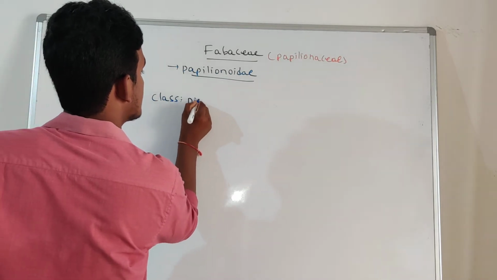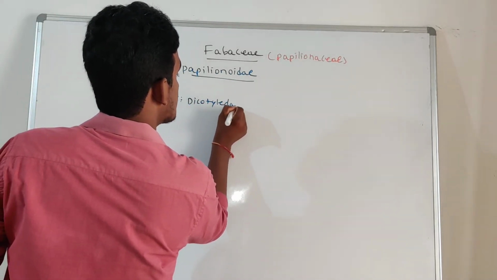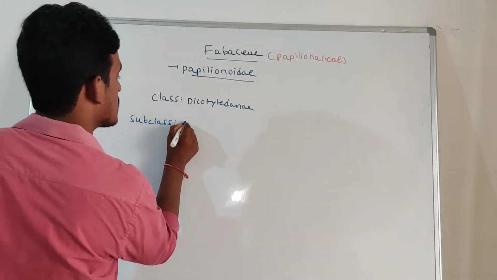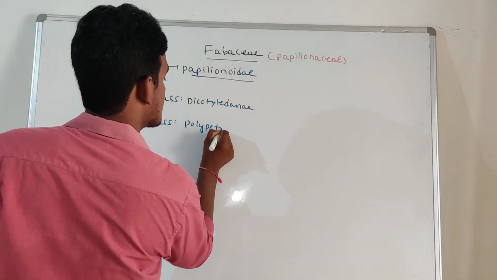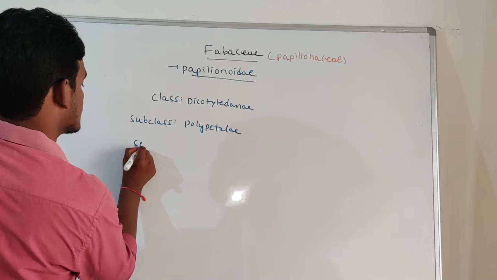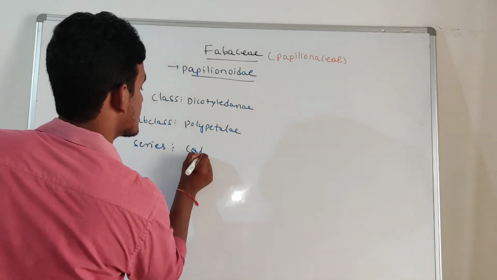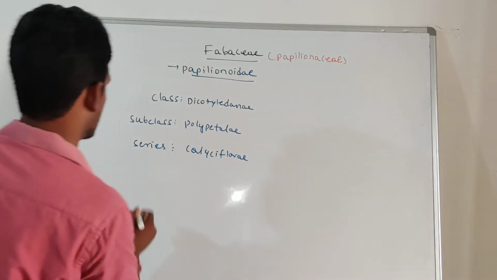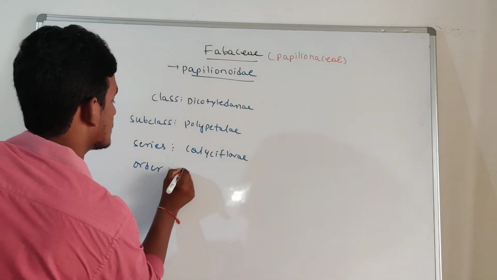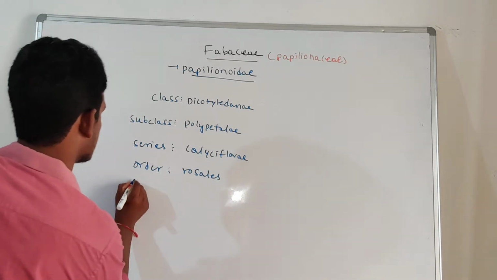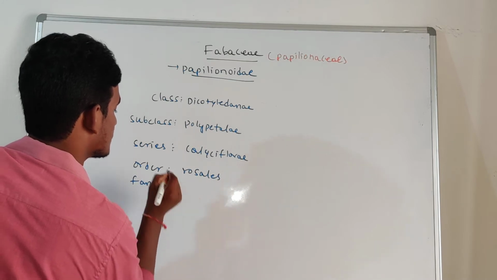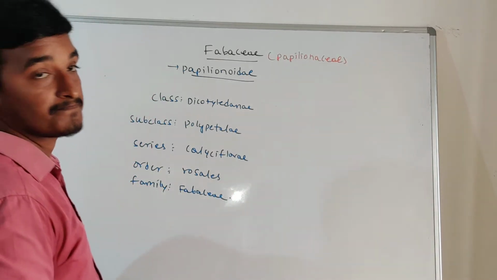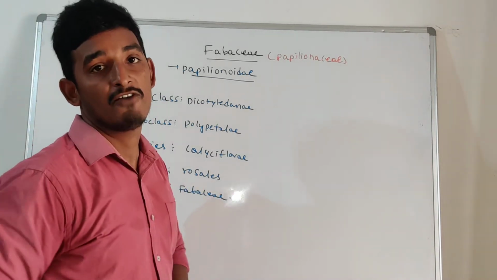The class Dicotyledonae, subclass Polypetalae, next series Calyciflorae, next order Rosales, family Fabaceae. Right, so this is the classification of the Fabaceae family.